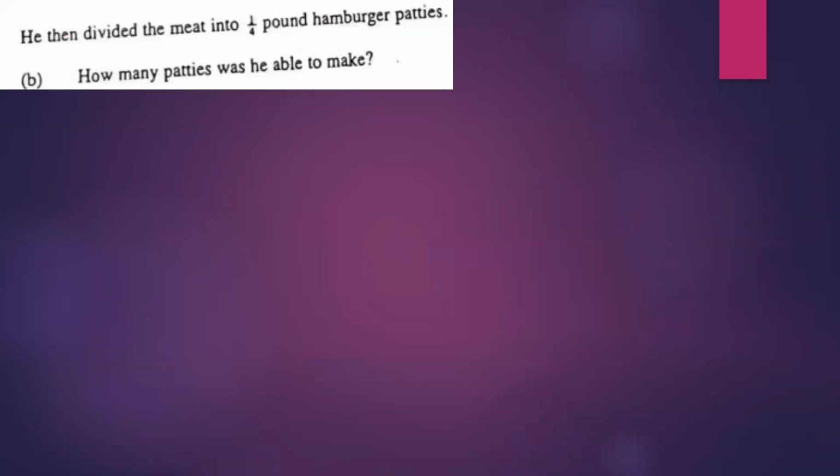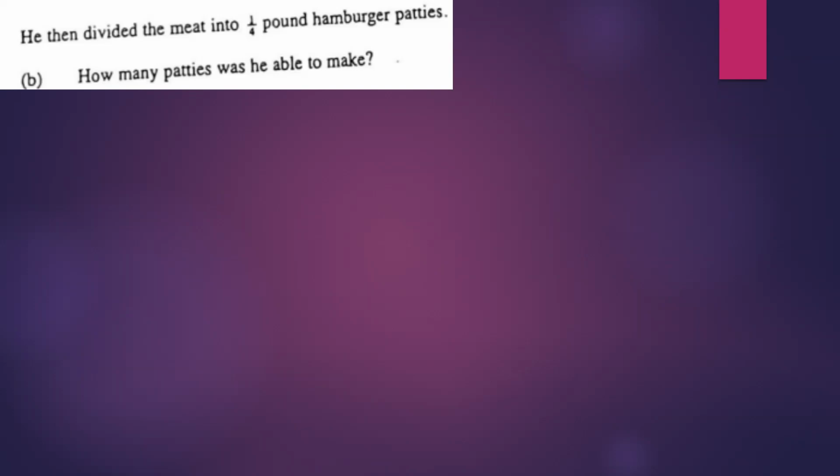He then divided the meat into 1/4 pound burger patties.